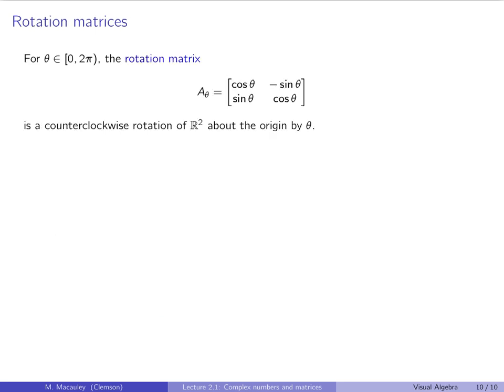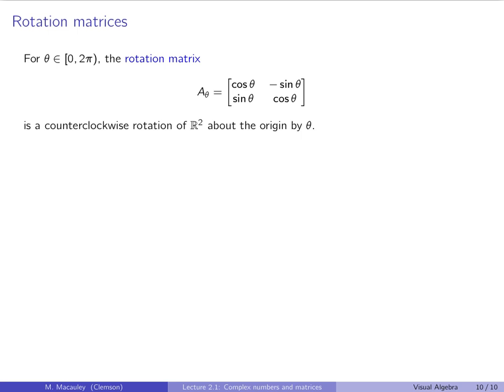Now that we talked about reflections in the complex plane, or R2, by matrices, let's talk about rotations by matrices. If theta is an angle between 0 and 2 pi, then the following so-called rotation matrix, cosine theta, negative sine theta, sine theta, cosine theta, is a counterclockwise rotation of R2 about the origin by theta.